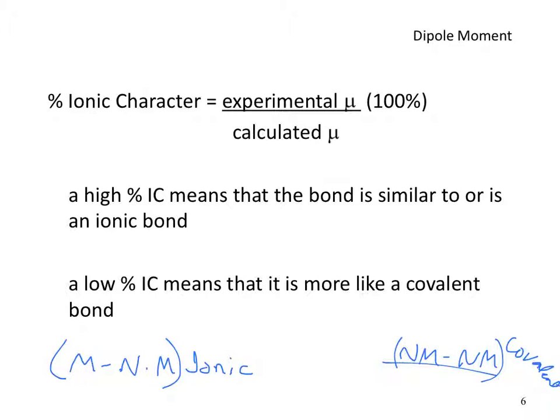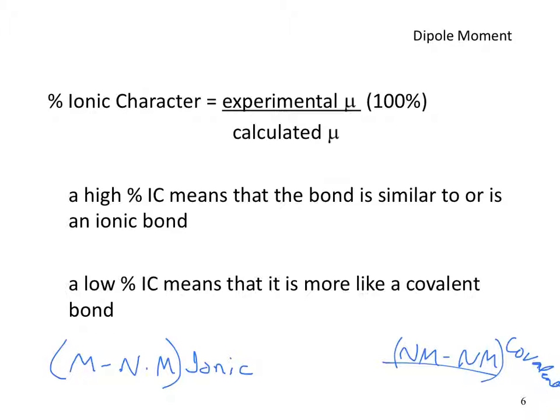We are taking it one step further. Even within all the ionic bonds, it's a possibility that the difference in electronegativity is let's say 1.7 or 1.8. It's kind of borderline. Where do we draw the line then? How do we tell what is the extent of the ionic character?